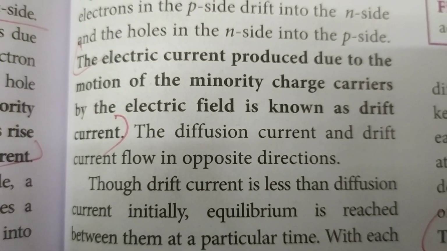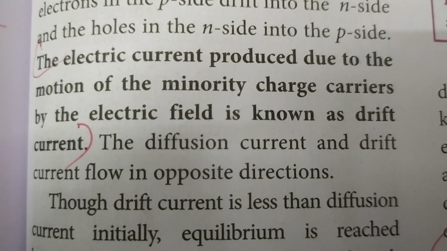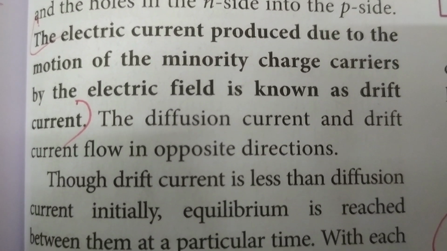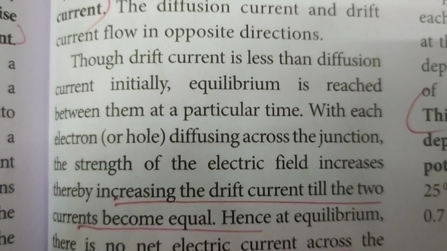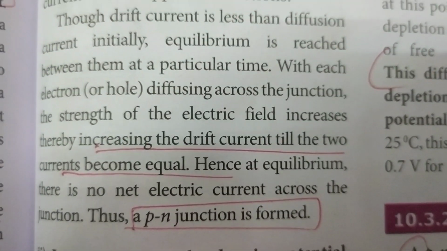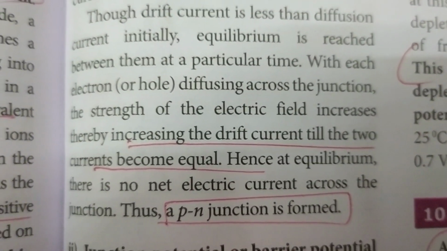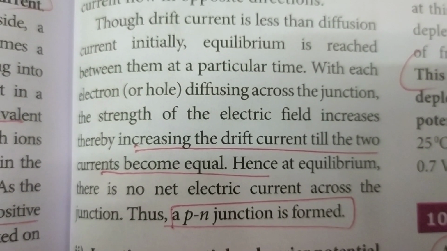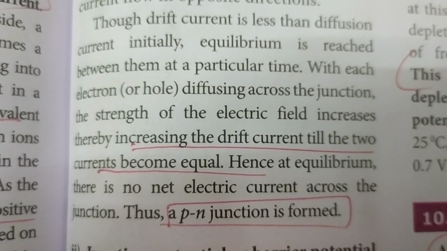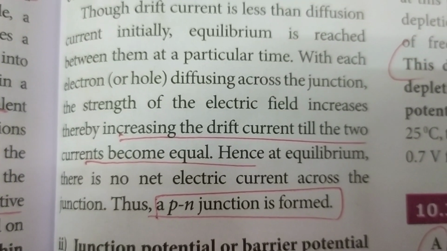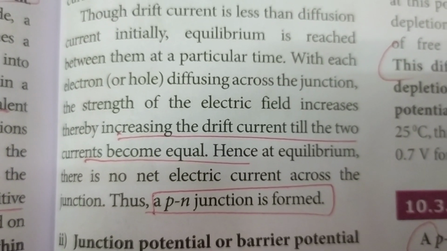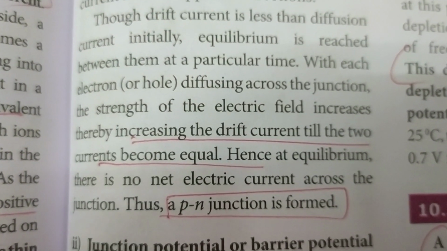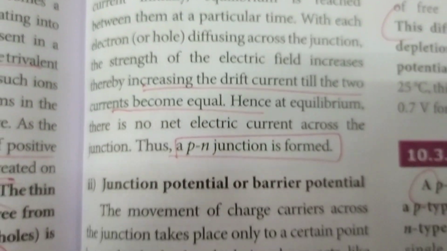The process continues till the drift current becomes equal to the diffusion current, and at equilibrium there is no further net electric current. This is called PN junction formation. So this is how the PN junction is formed.